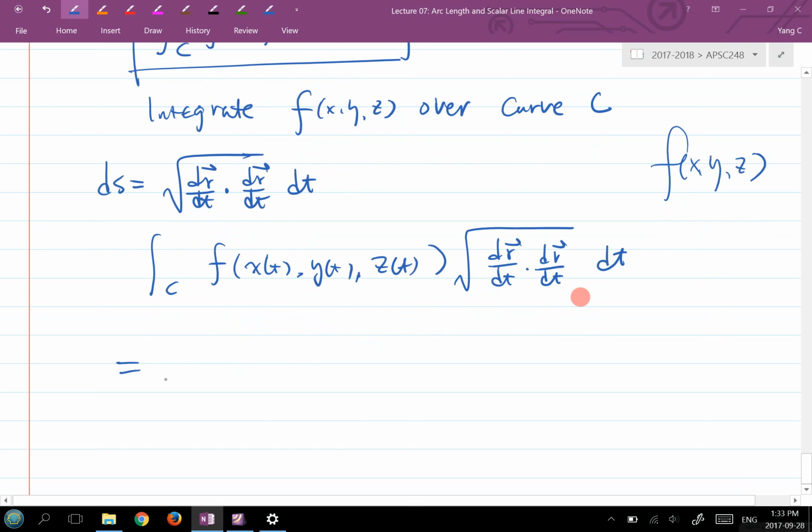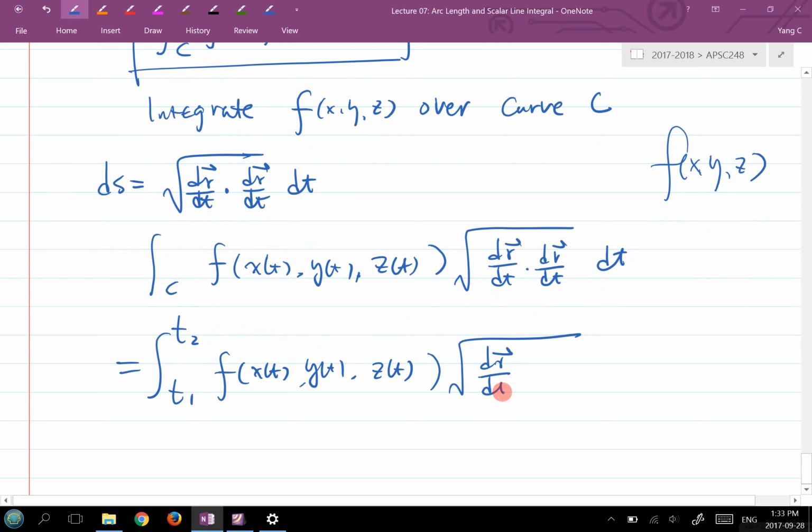Then we look at the range of t, from a to b, from the starting moment to the last moment. Those integral limits become the starting and finishing time for t. That's how you make use of this formula to evaluate the line integral.